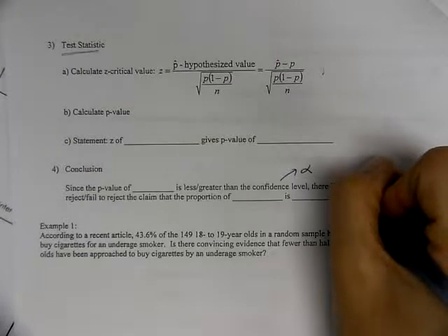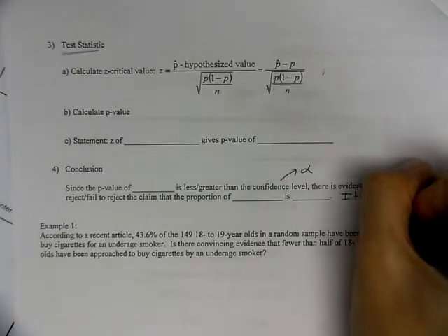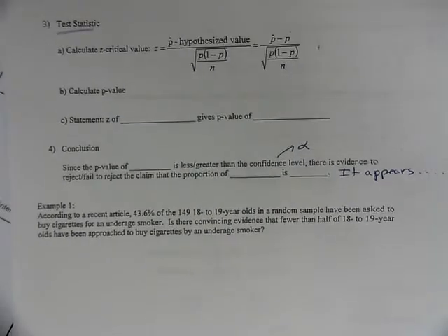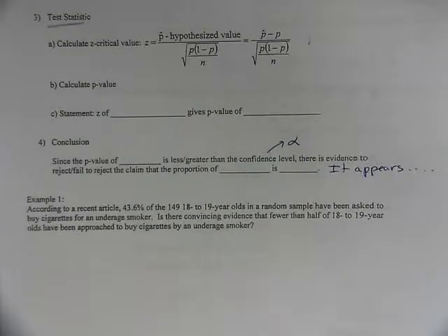Then you have to give me a second sentence. So usually it starts with, it appears. So the first sentence of your conclusion is, do you reject, do you fail to reject? The second sentence is, okay, now what are we actually concluding? That the proportion is greater than, or the proportion is still 0.5 or something like that.